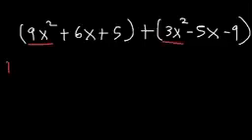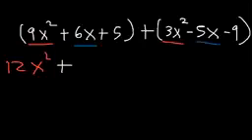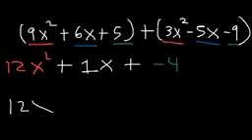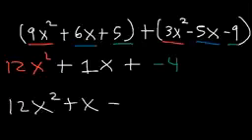They're like terms, so that's going to be 12x squared. Now we can also add 6x and 5x. 6x plus negative 5x is the same as 6x minus 5x. 6 minus 5 is 1, so we're just going to get 1x. 5 plus negative 9, 5 minus 9 is negative 4. So the final answer is 12x squared plus x minus 4.